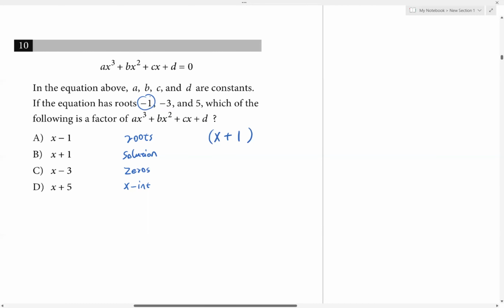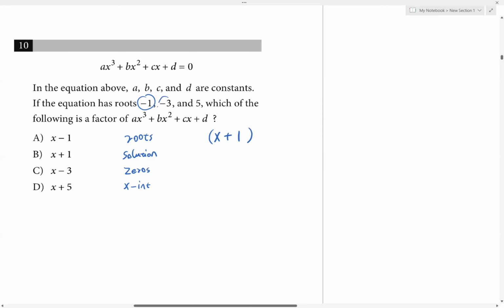Because in the factor form, to solve for x, we set it equal to 0 and solve. So x plus 1 equals 0, we get x equal to -1. That's why the factor form will always be the same number but with the opposite sign. So we get x plus 1.